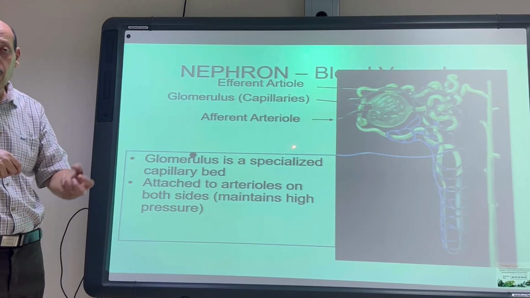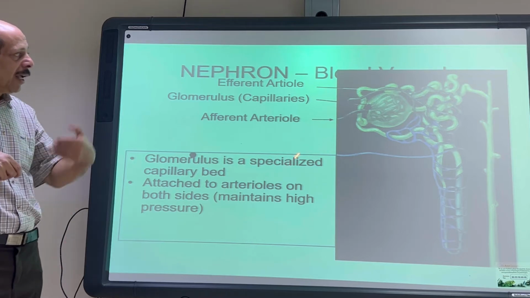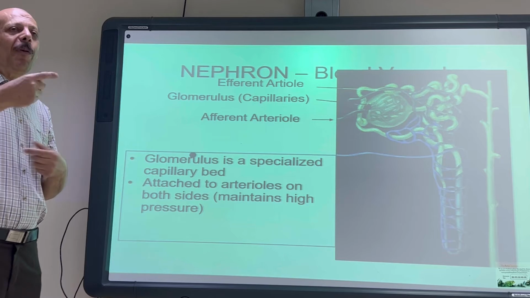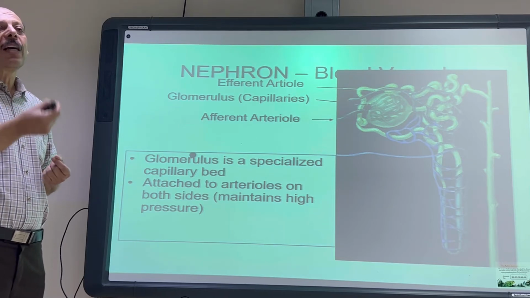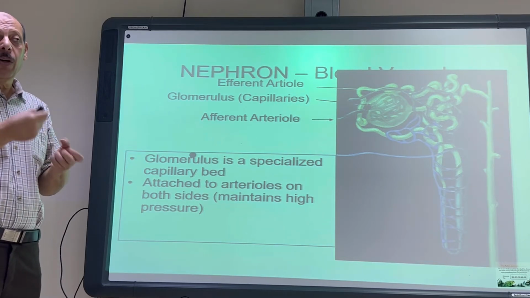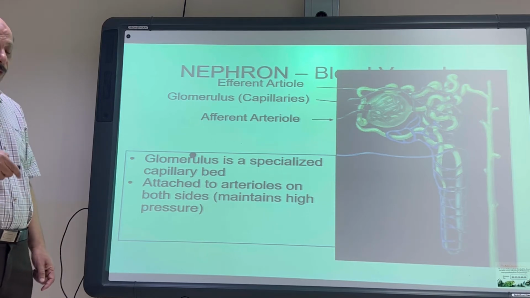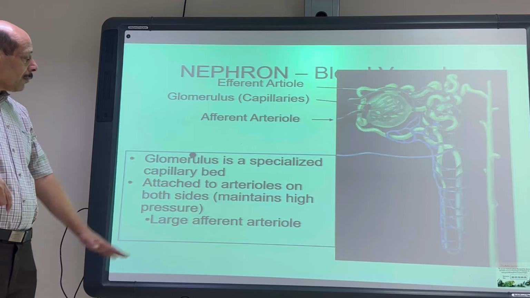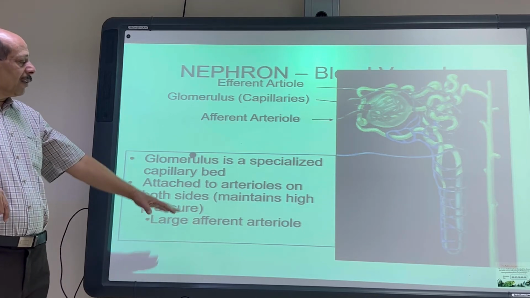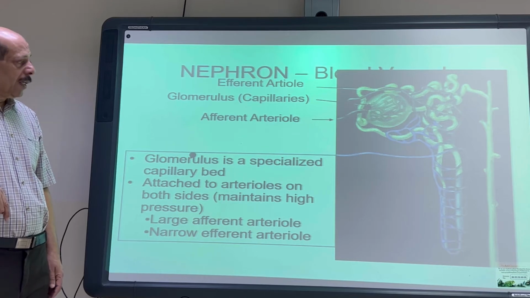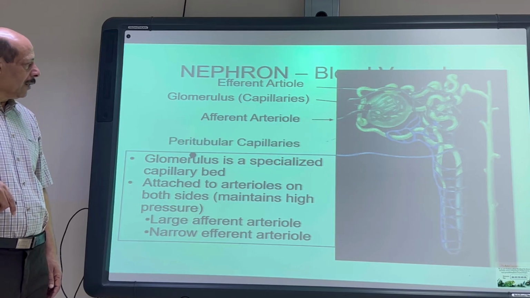So the amount of blood which is coming in is more, and the amount that has to go back goes through a small artery, so the pressure will increase. So it will maintain high pressure. So there are large afferent arterioles and narrow efferent arterioles.